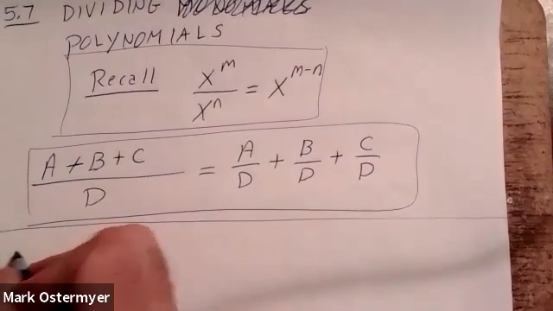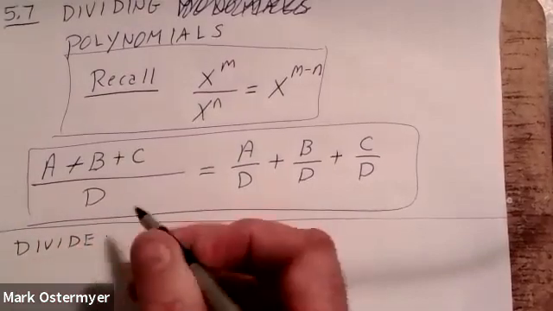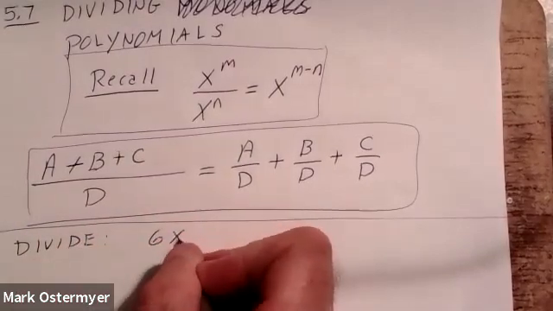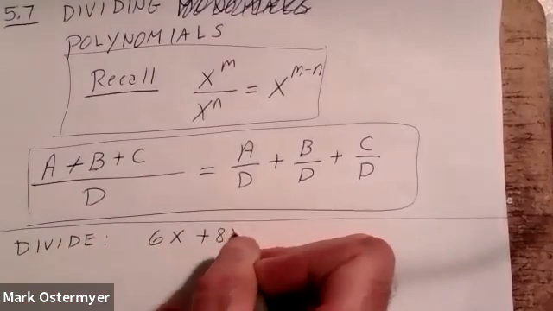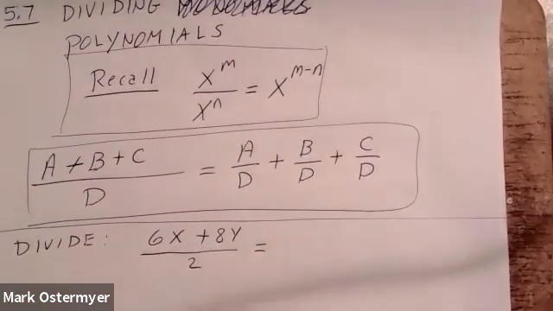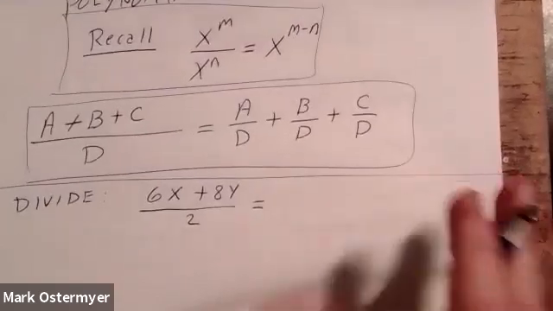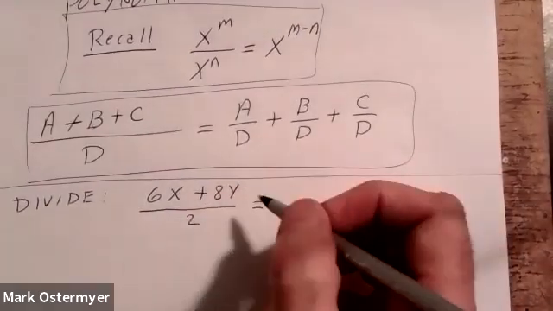Section 5.7. Let's take 6x plus 8y. We try to divide it by 2. How do we accomplish this? Well, I can split this up into 2 fractions.